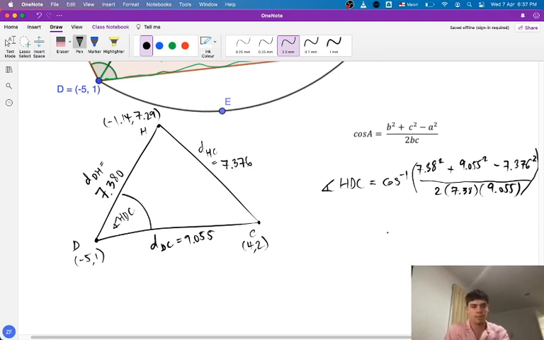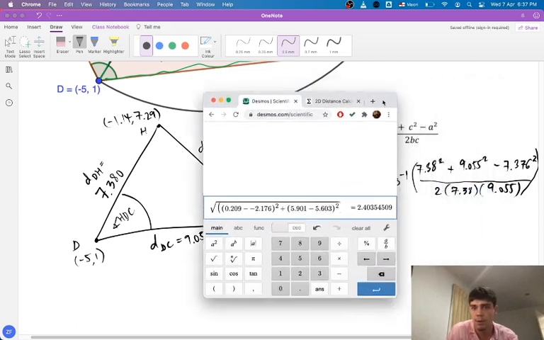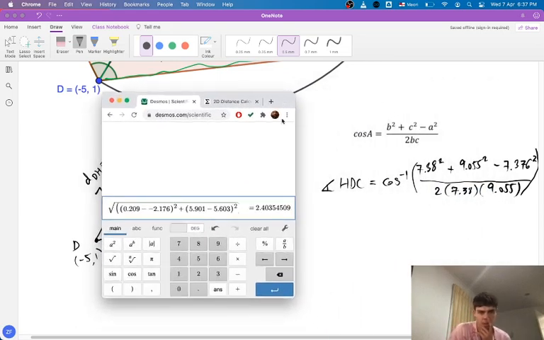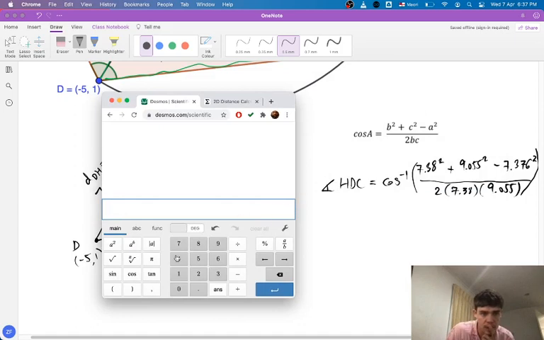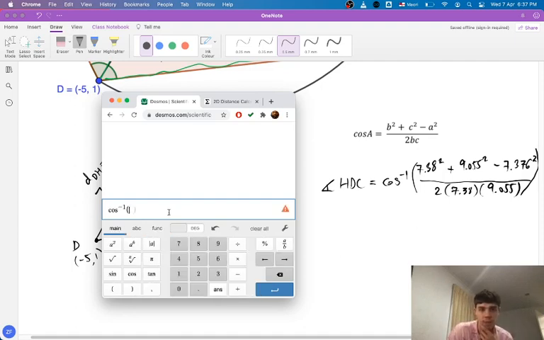A little bit ugly, but that's all good. Alright, let's get this little calculator up. Hopefully I can show you guys how to do some funky calculation stuff. So, what function do I need? I'm going to need the cos inverse. Let's go back to here. So what I'm going to do is I'm going to put everything on top in a bracket.